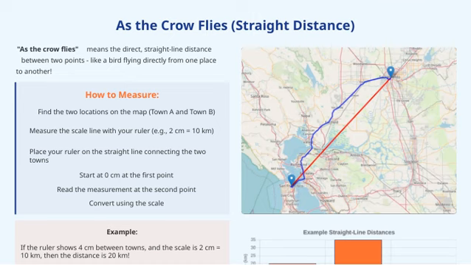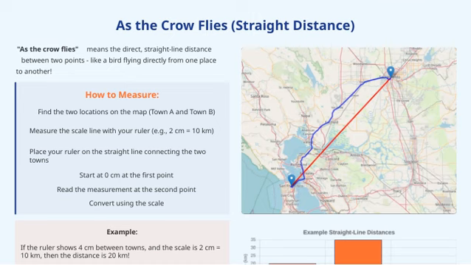Let's say town A and town B. Then, you take your ruler and measure the scale line, which might say something like 2 centimeters equals 10 kilometers. Next, you place your ruler on the straight line connecting the two towns, starting at 0 centimeters at the first town. Then, you look at where the second town lines up on your ruler. That measurement, in centimeters, is your raw data. To find out the real distance, you just convert using the scale.